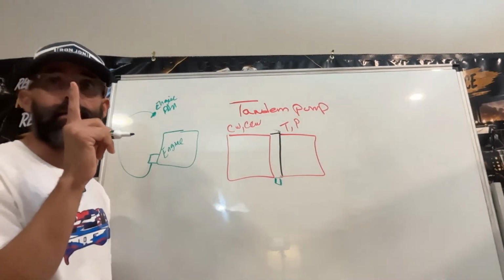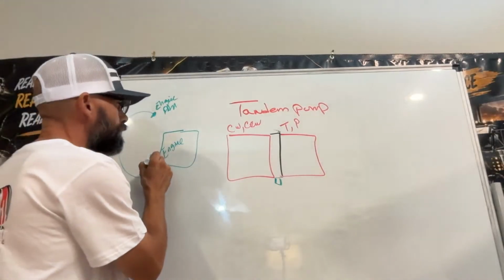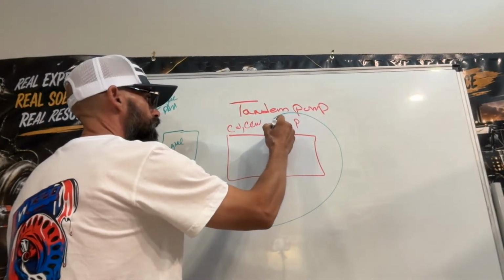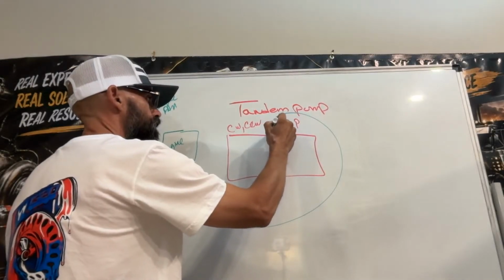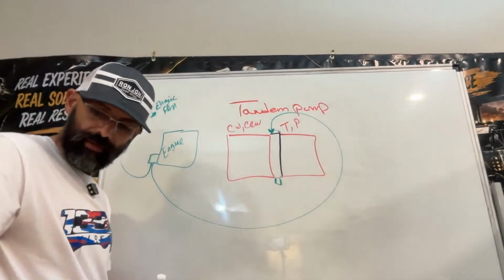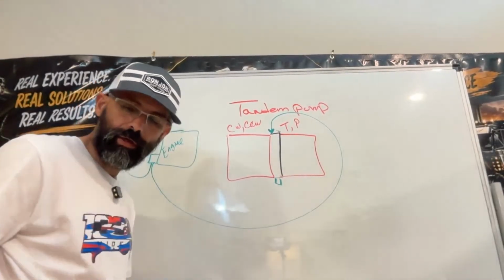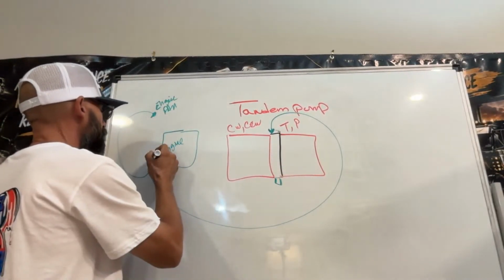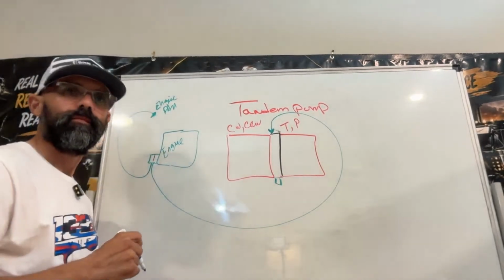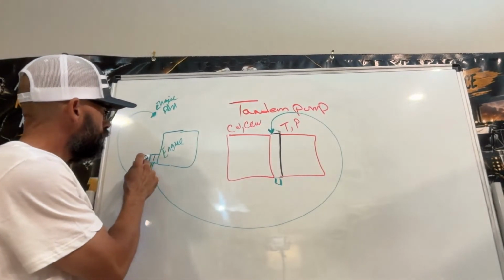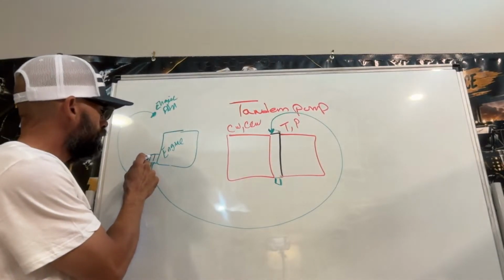The other line is gonna be the one supplying oil for your charge pressure. So this is a double section gear pump, right here.